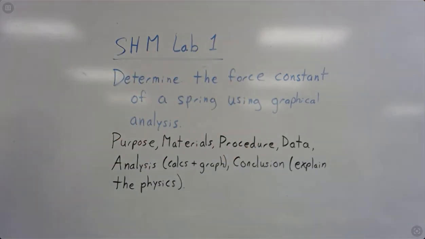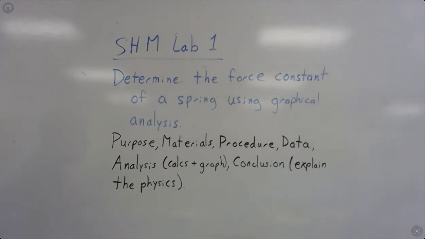Determine the force constant of a spring using graphical analysis. What I mean is you are forced to produce a graph and analyze only the graph to determine the force constant. That's basically your constraint.